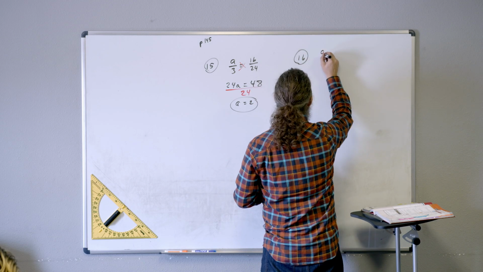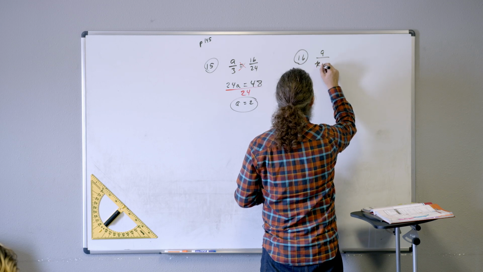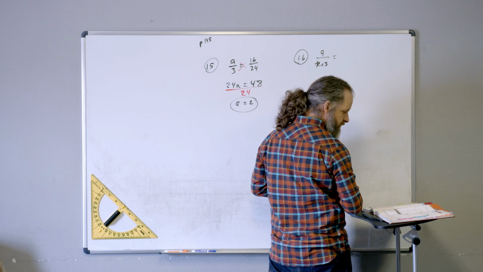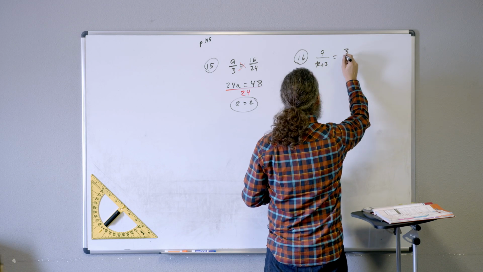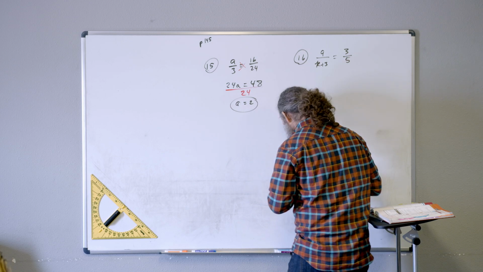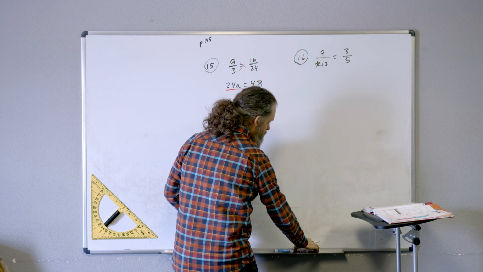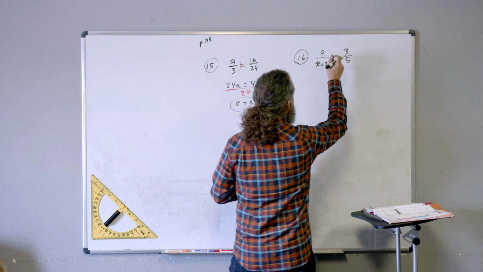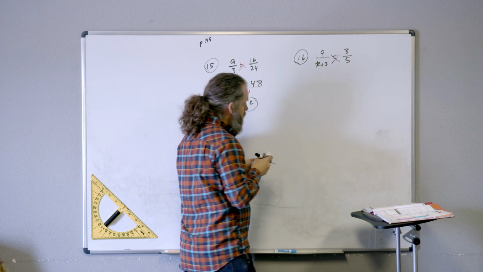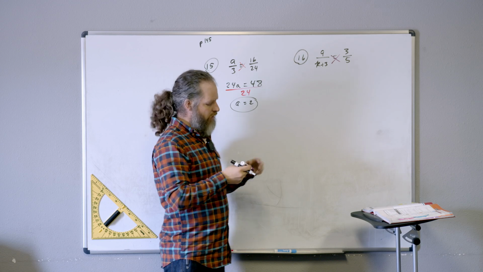So 9 over k plus 3 equals 3 over 5. So what would we do? Cross multiply. So on this one, it's a little more complicated, right?